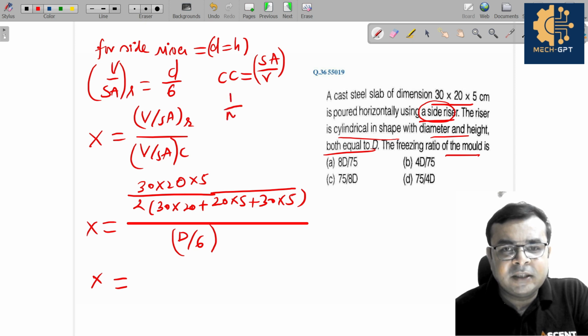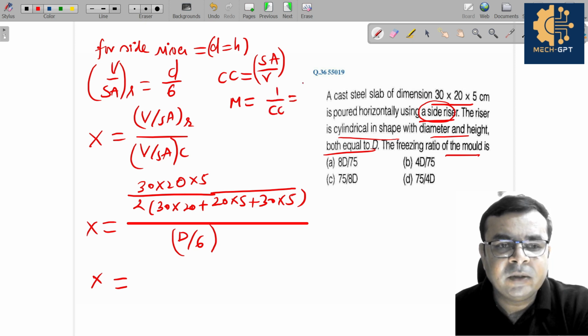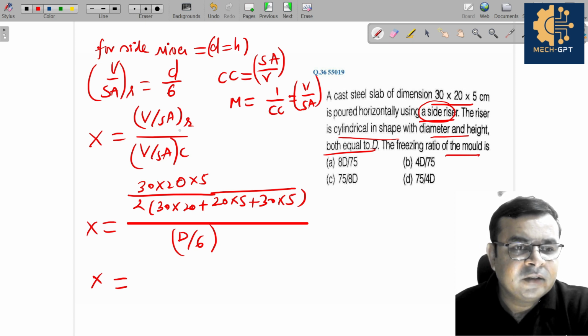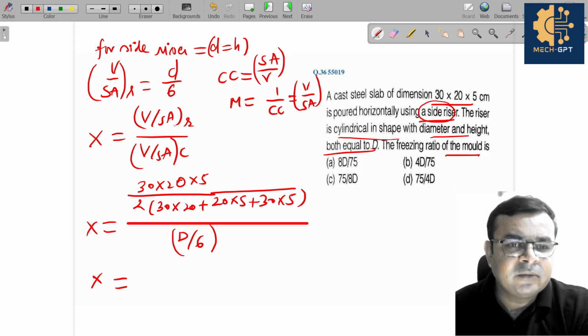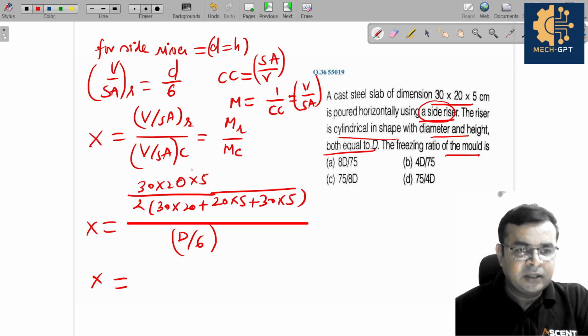So the modulus is nothing but, this is called as 1 by CC. So simply we can say V by SA, correct? And the freezing ratio is nothing but the ratio of modulus of riser over modulus of casting. So this is V by SA of riser over V by SA of casting.